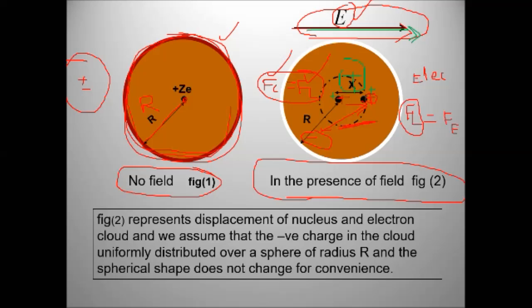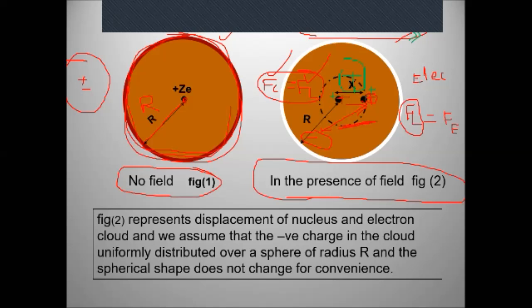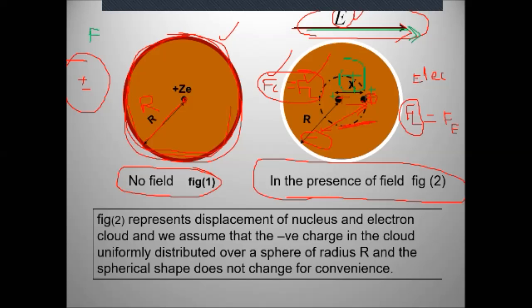Now, what is the Lorentz force? The Lorentz force is a combination of electric force and magnetic force. So in this condition, the magnetic force is 0. I will rewrite the equation: Lorentz force FL is equal to Fe plus Fb.